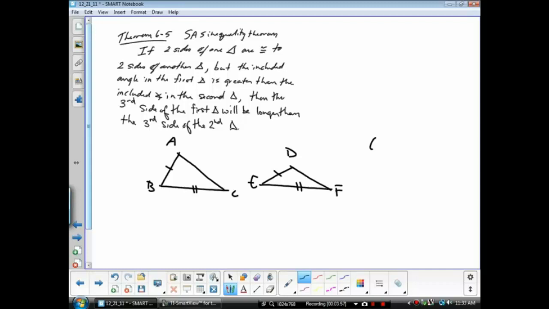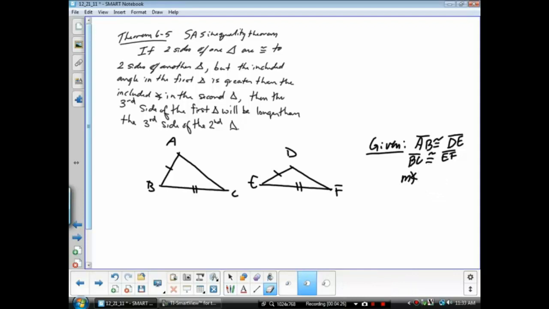My given information is that AB is congruent to DE, BC is congruent to EF, but measure of angle B, and I'll call it angle ABC, because I'm going to draw another ray in the middle of that, is in fact greater than measure of angle E. What I want to prove is that segment AC must be longer than segment DF.